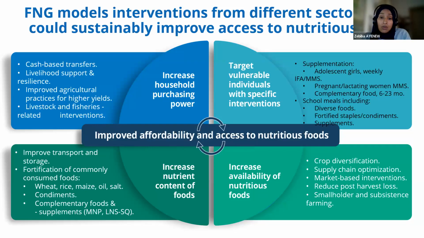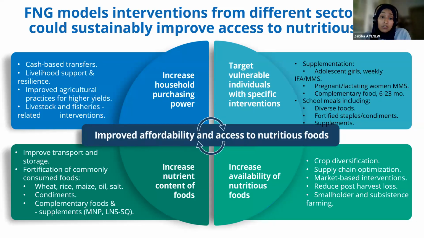So starting from the top left quadrant in the blue, increasing household purchasing power, where we enable households to be able to purchase more nutrient-dense foods through programs like cash-based transfers, livelihood support and resilience programs, improved agricultural practices for higher yields, livestock and fisheries related interventions.